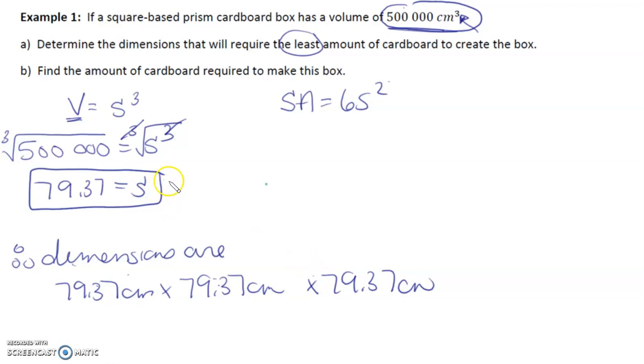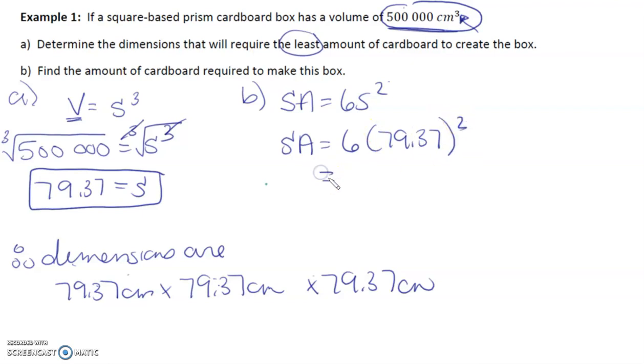Now the follow-up question is, find the amount of cardboard required to make this box. This is basically asking us for the surface area, right? The amount of cardboard. So the surface area is 6 times 79.37 squared.